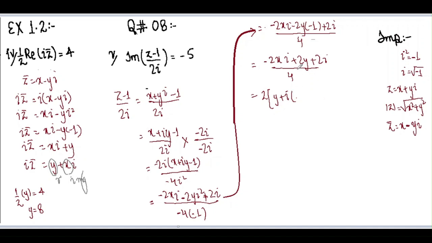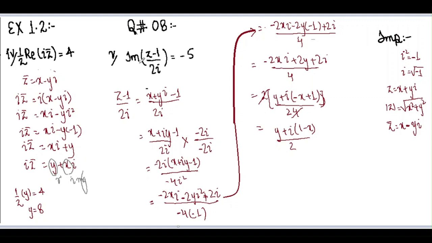We have taken 2 common, so we get minus x plus 1 whole divided by 4. Now cancelling these terms, 2's are 4, so y plus iota into 1 minus x whole divided by 2.